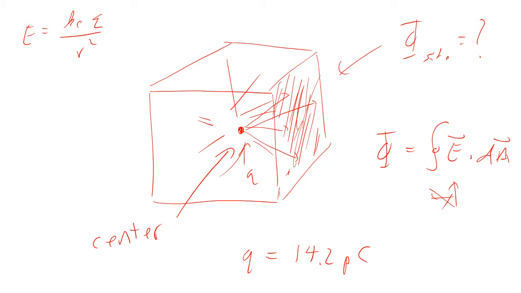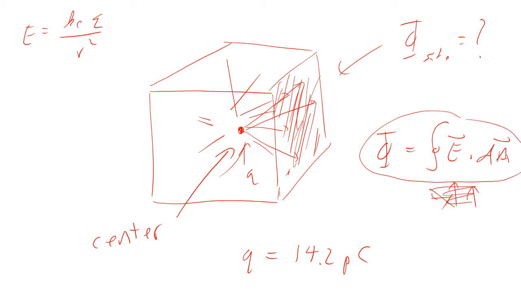Well, the other thing is the dot product also changes, because the dot product depends on the angle between the electric field and the surface, and that keeps changing. So that means we cannot make that a non-vector integral. So that turns out to be a very difficult and nightmarish integral to do.